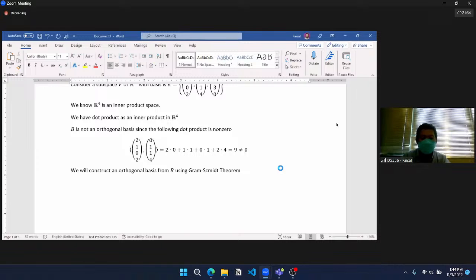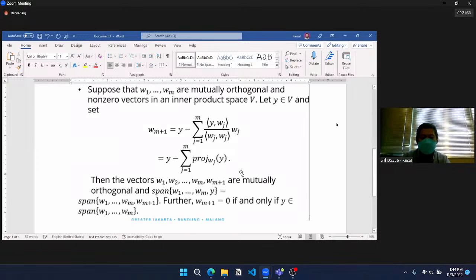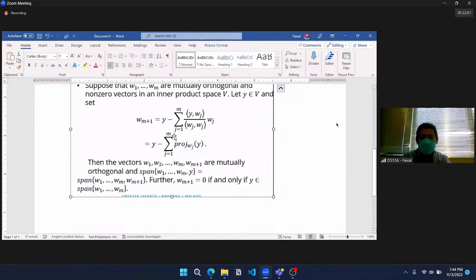So this is the Gram-Schmidt theorem. We will use this formula to obtain a mutually orthogonal set, a mutually orthogonal basis.